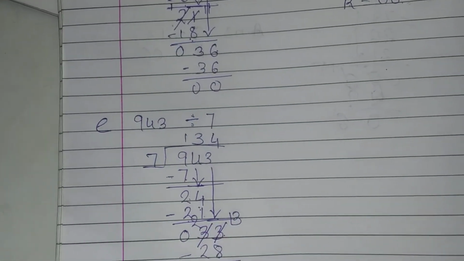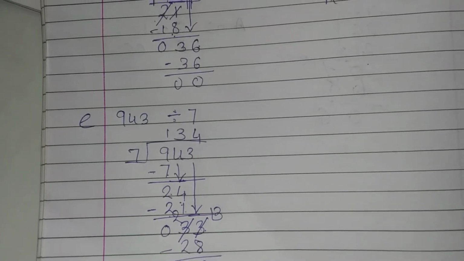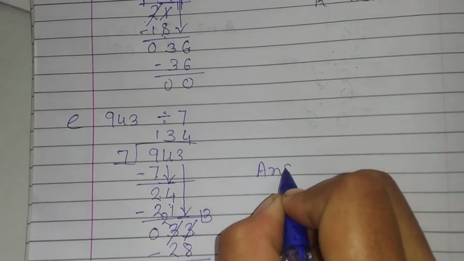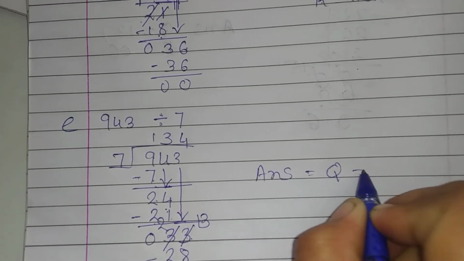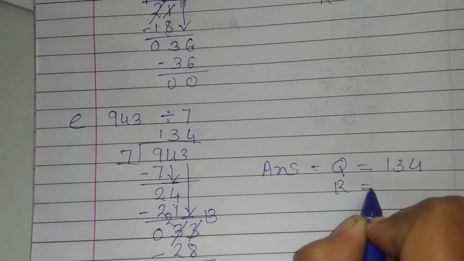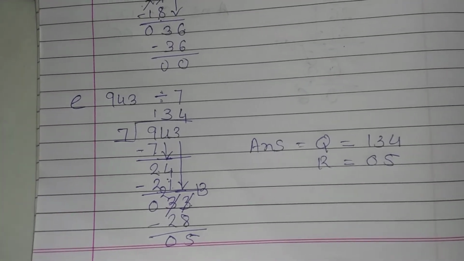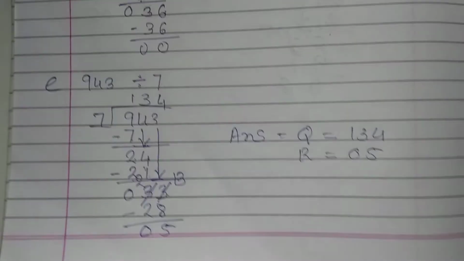So we write 5 here. 2 minus 2, 0. So the answer is Q is equal to 134 and the remainder is 5.